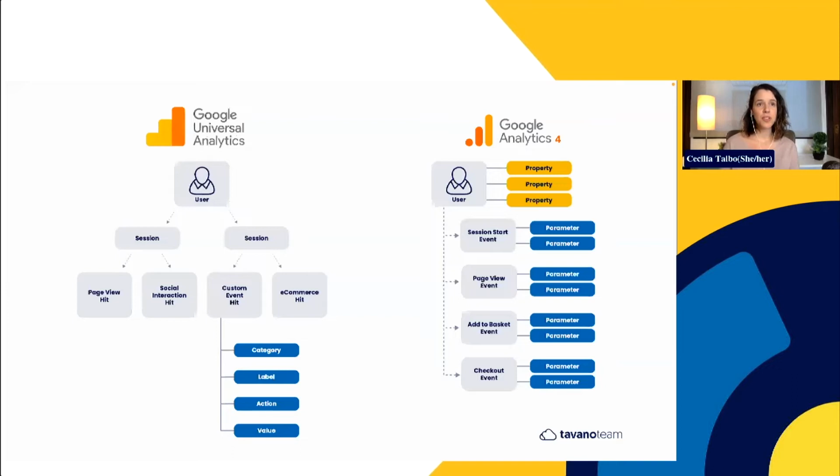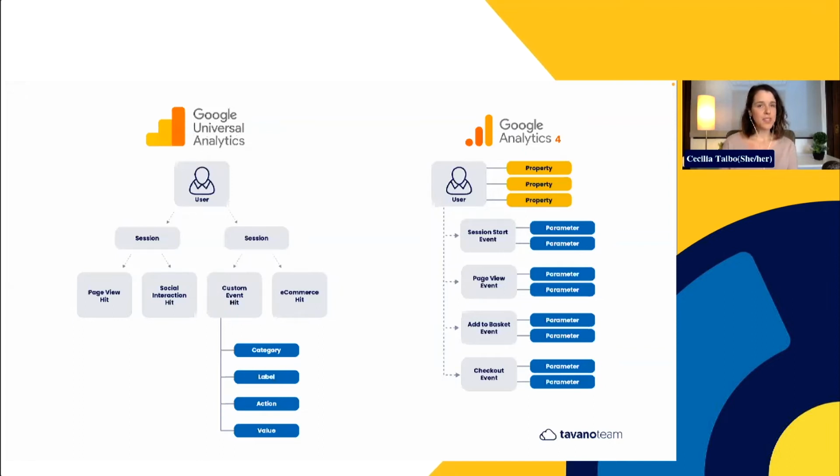We have the user with multiple sessions starting, and each session has its own page views and events. And in GA4, the user is the center. The user may have multiple properties, such as the client ID or other properties that we want to associate with him. And everything is an event, and we can set unlimited parameters for each event.